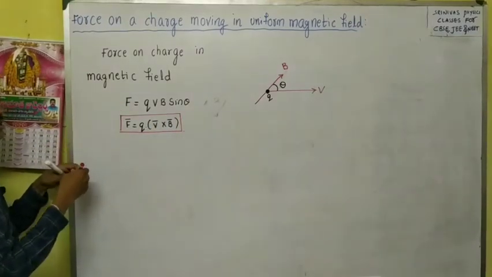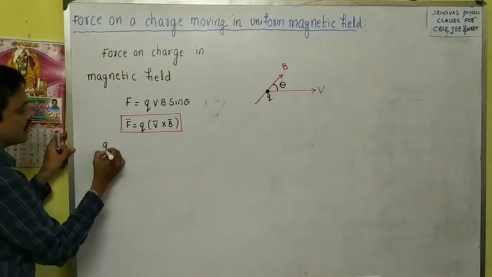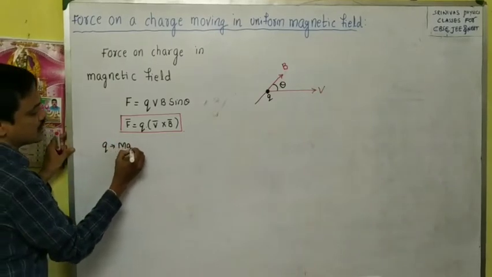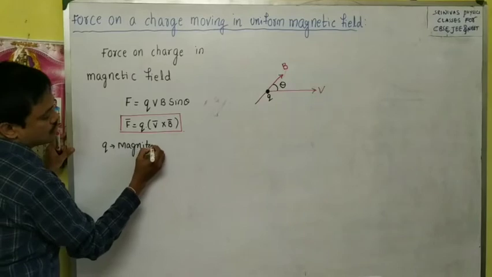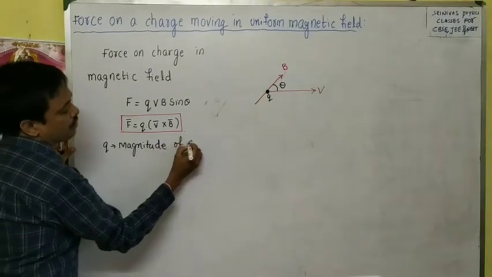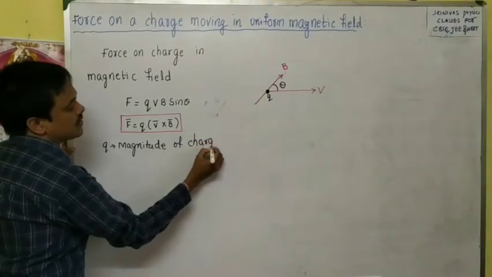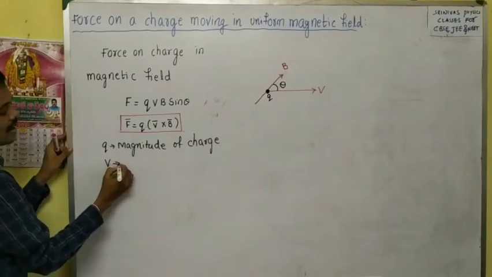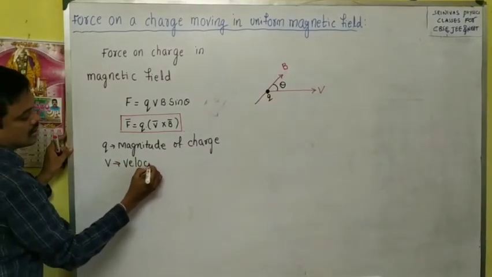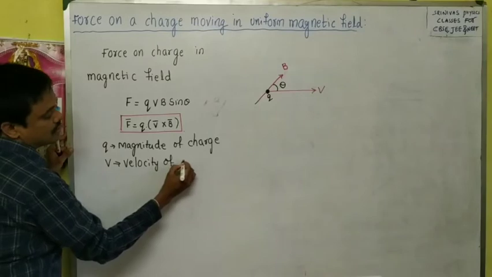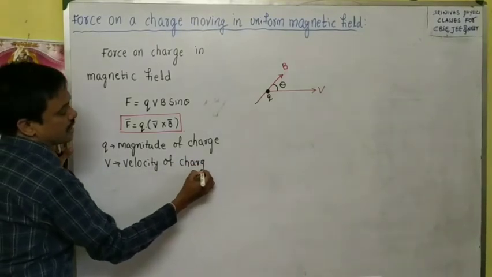What is q in this? What is v in this? q is the magnitude of the charge. v is the velocity of the charge. What is B?